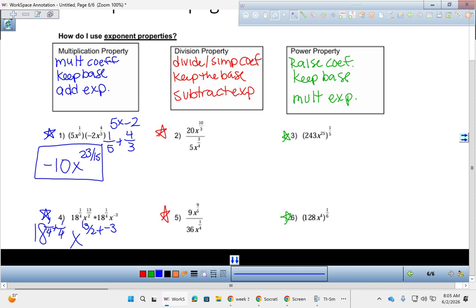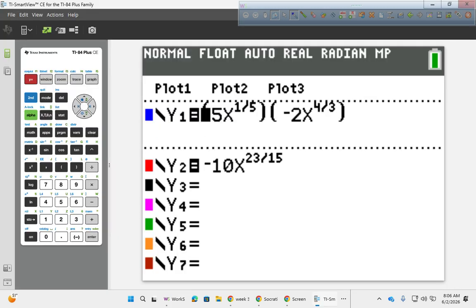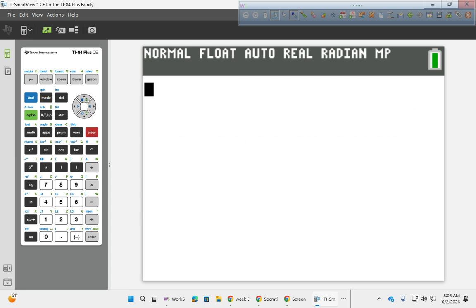Okay? So the difference between 1 and 4 is that 1 has coefficients. It has numbers in front that don't have their own exponents. 4 doesn't have any coefficients. The 18 is considered a base. So I'm gonna add 1/4 plus 1/4, and I'll type that in the calculator, which is 1/2.